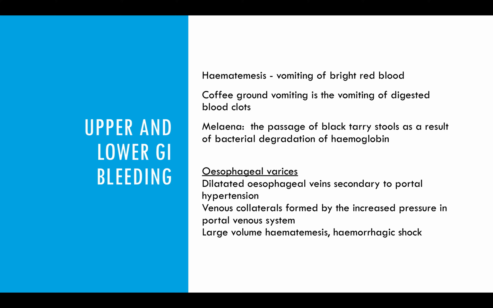And they can present with profuse hematemesis. As I said, they're large veins because they're not far from the portal system, so they will get significant bleeding, and they can end up with hemorrhagic shock.